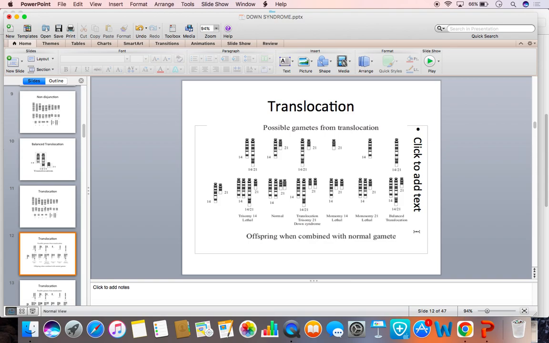Understood? Whereas the translocation carrier, that is the mother, will have how many chromosomes? 45 chromosomes only. Having one copy of the normal 21, one normal 14, and one abnormal 14 with translocated 21.